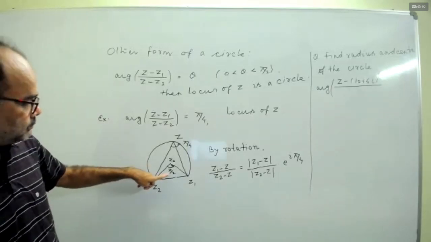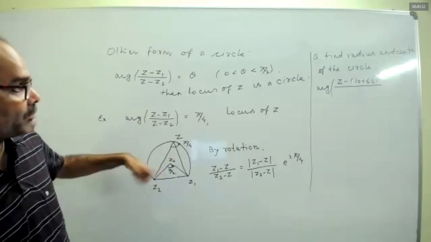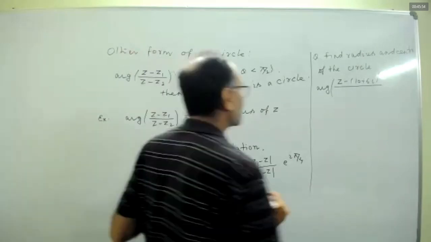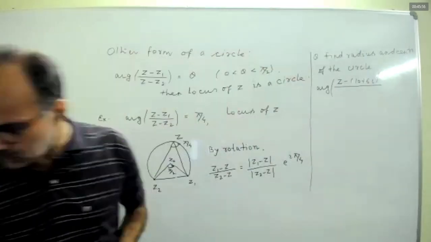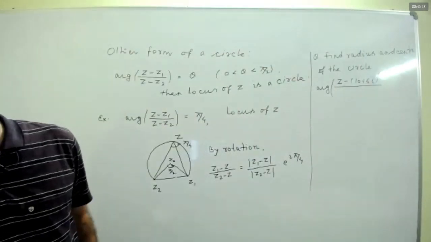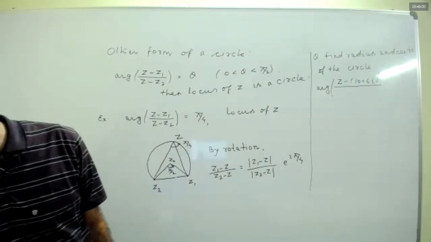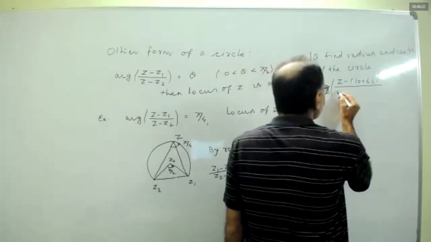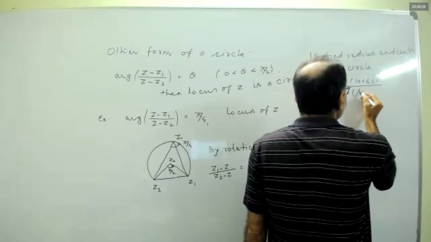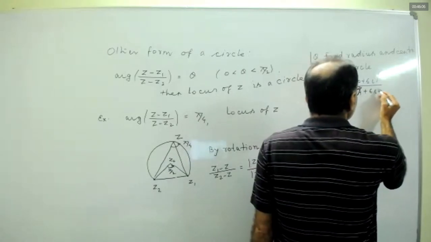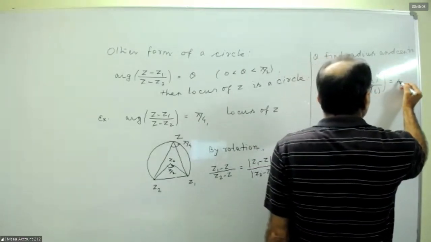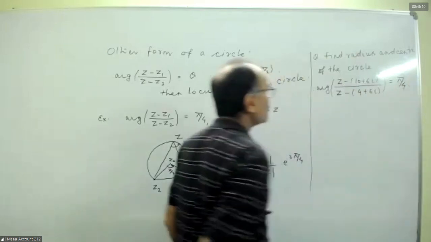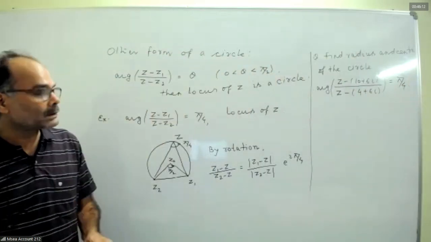So from there we can find the center. Argument of (Z minus 10 plus 6i) by (Z minus 4 plus 6i) equals pi by 4. Find the radius and center of this circle.